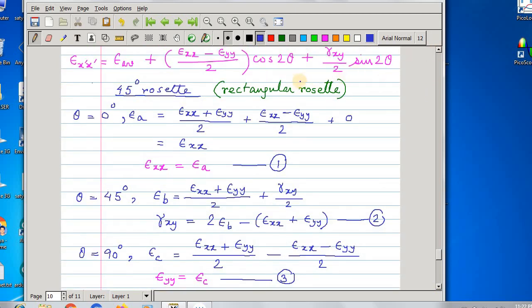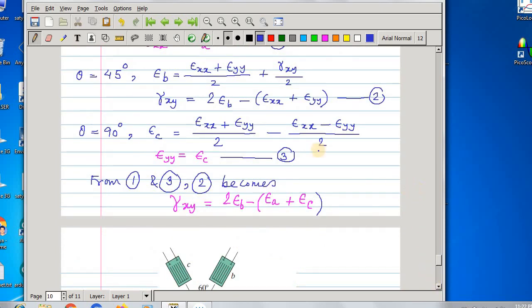So 2 theta is 90°, cos 90° is 0, sin 90° equal to 1. So epsilon b is this, or gamma xy is 2 epsilon b minus epsilon xx plus epsilon yy.